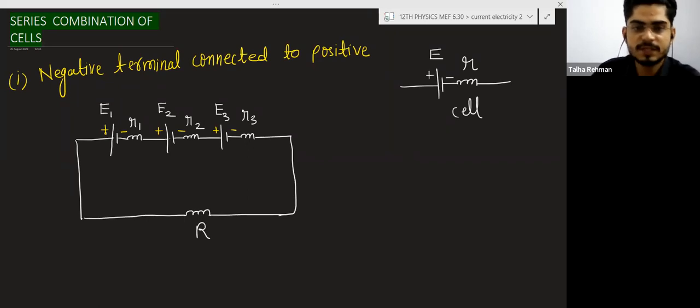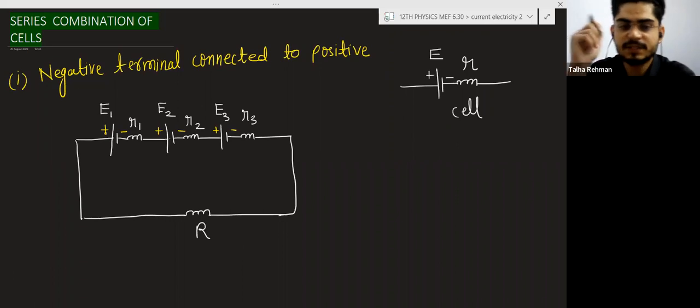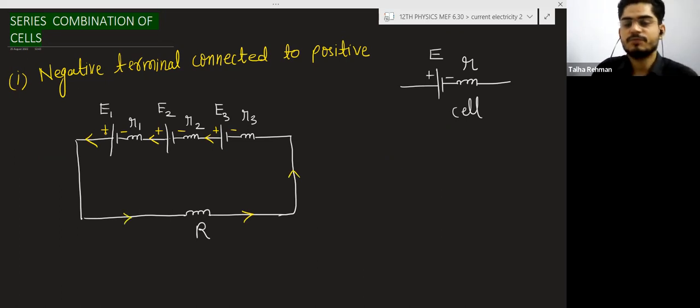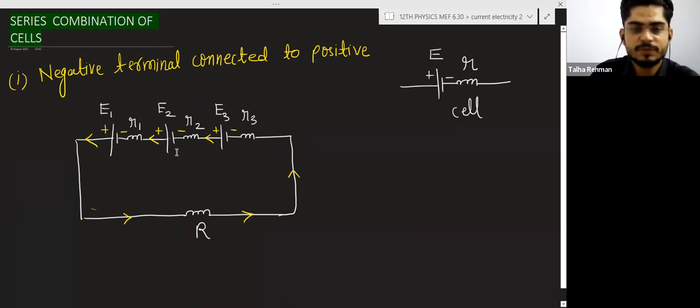In this case, when you find the equivalent resistance and the direction of current, the direction of current in all the cells will be the same, like this, because we have connected the cells like this. In all the cells the direction of current is the same.